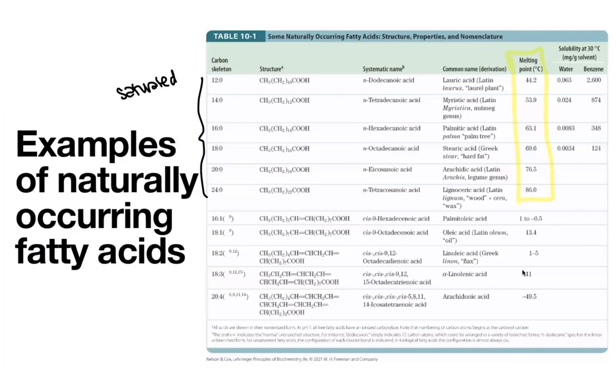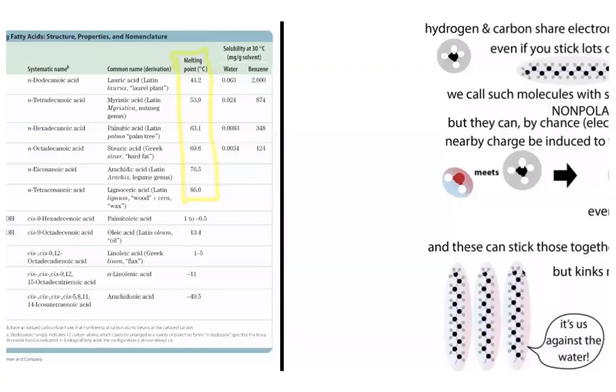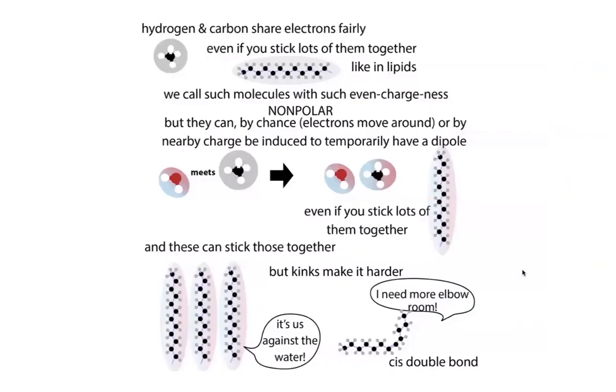And what does it mean when we're increasing the melting point? Well, basically, that's saying it's going to take more energy to break apart the interactions between those fatty acid tails. Remember how we talked about how if they could get close together, you could get those dispersion forces, those instantaneous dipoles, all sorts of stuff that's going to allow them to stick to one another.